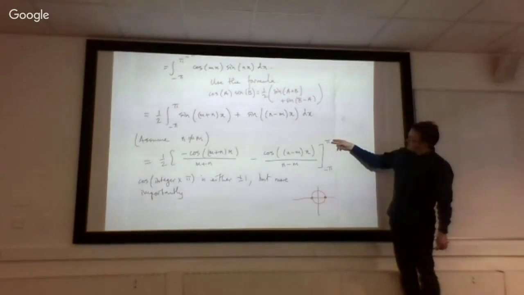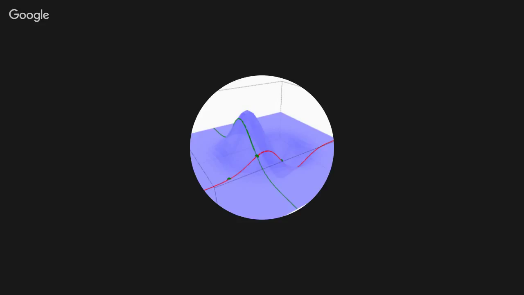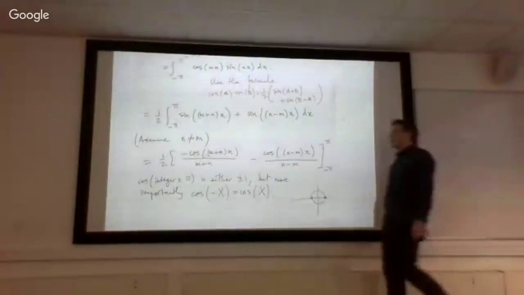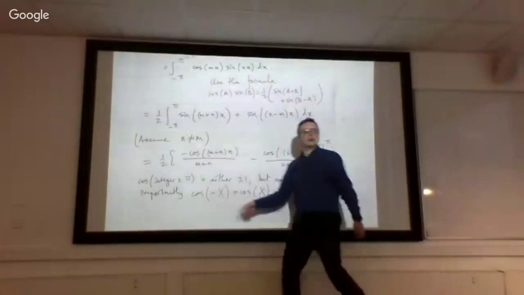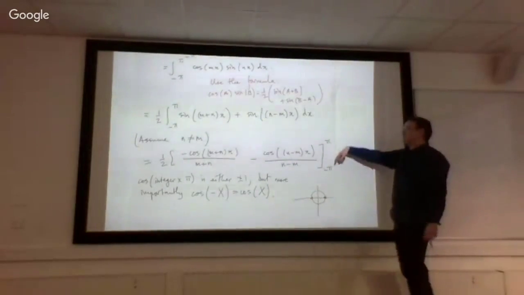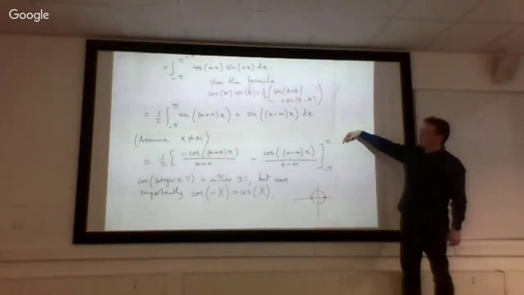Cosine of minus x is equal to cosine of plus x. Changing the sign of the argument to cosine doesn't change the value. So actually, sorry, that's more the relevant observation.